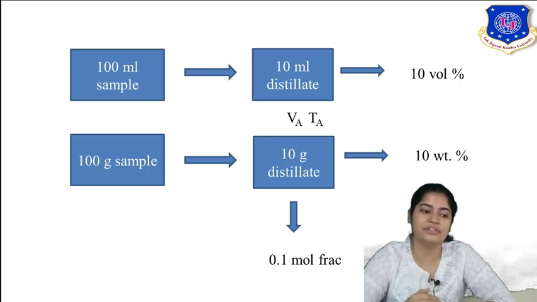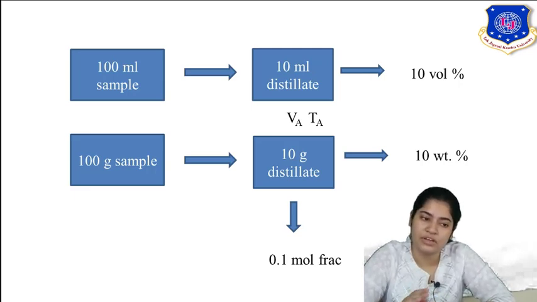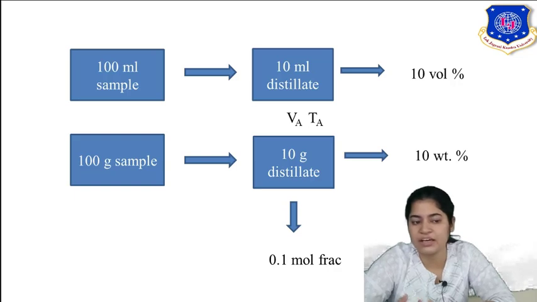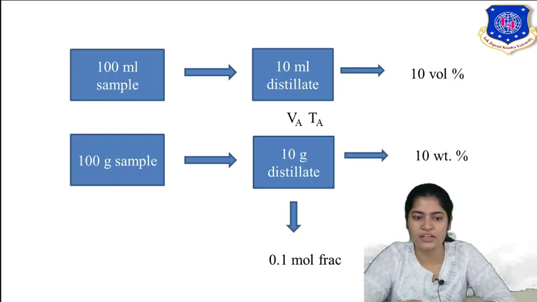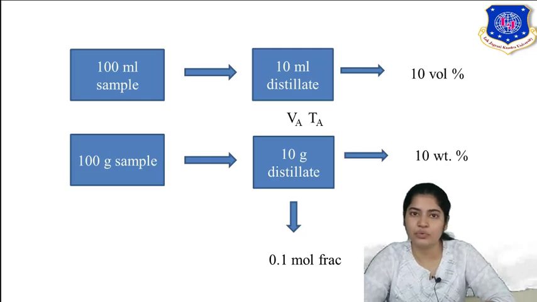So let's have a look. It's basic now. Suppose I'm carrying out an example taking 100 ml of sample. If I'm getting 10 ml of distillate from that sample, that is called a 10 volume percent cut. Similarly, when I get a further 20 ml, that is called a 20 volume percent cut.